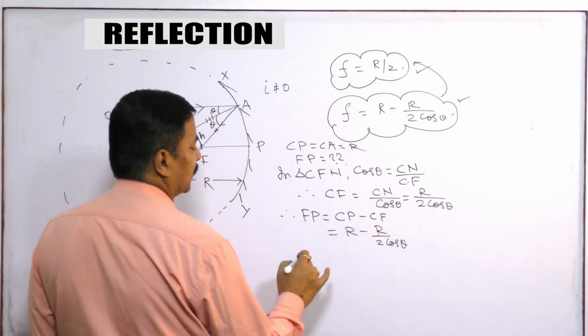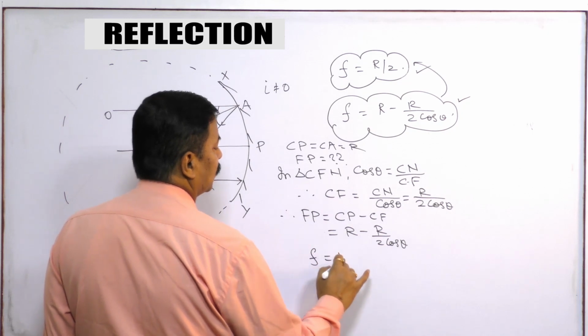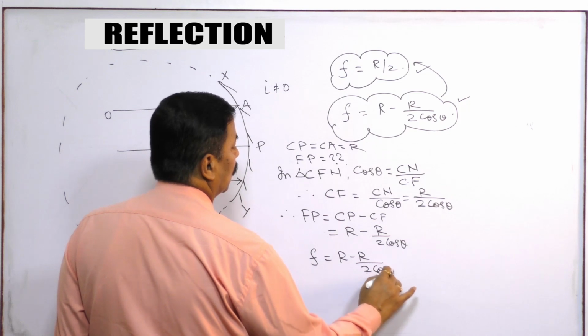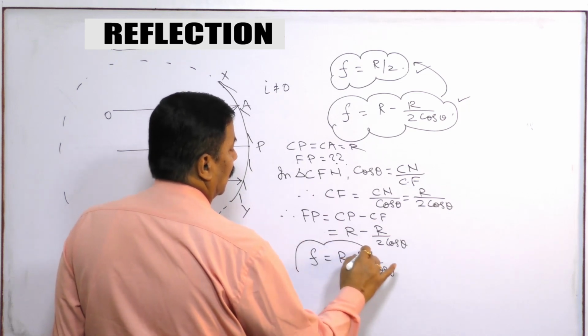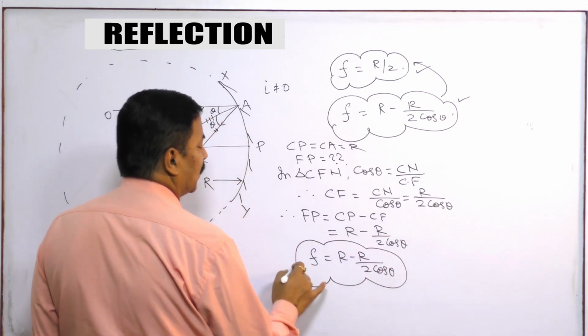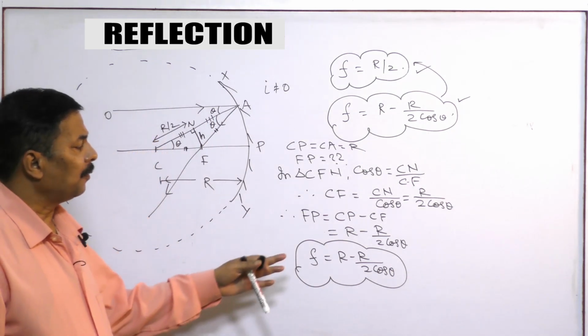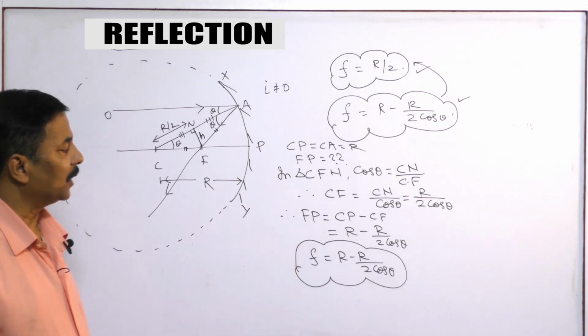If we call this distance F, then F is equal to R minus R by 2 cos theta. This is the relation that is valid for a mirror of any aperture, any size mirror.